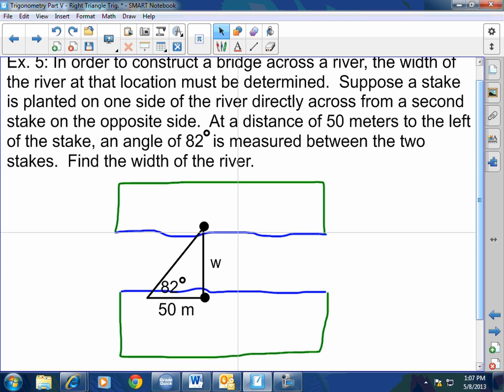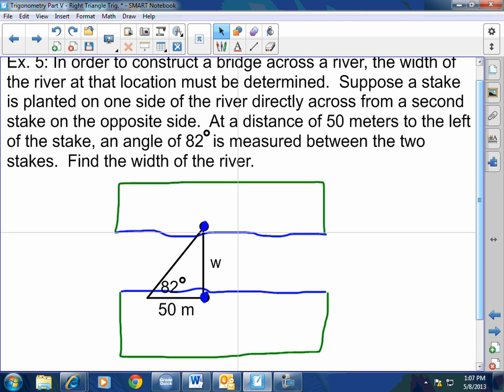So suppose a stake is planted on one side of the river directly across from a second stake. These guys here, these are my stakes, okay? I put 2 stakes across the river. And from a second one opposite, stake on the opposite side, this is 50 meters to the left of the stake.